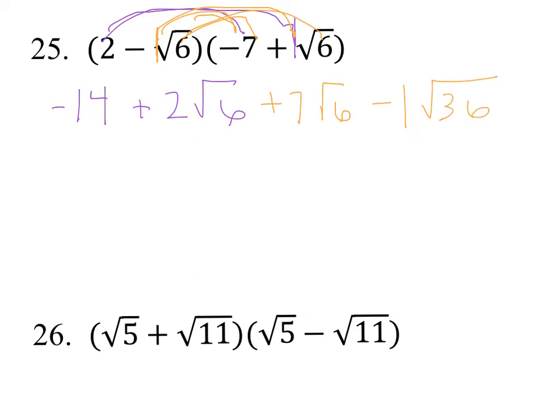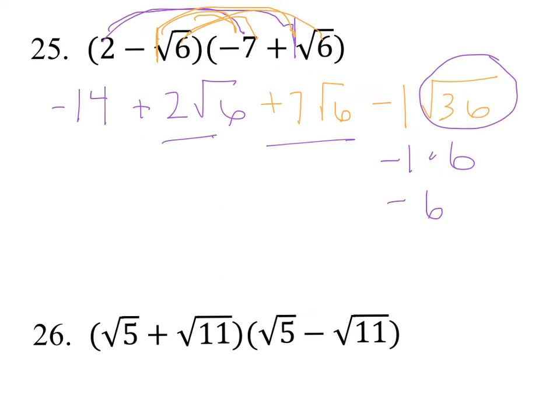That's something that if you're not sure how to do, you have to come in for more help. One thing is typically, but not always, this last one will usually simplify. So the square root of 36 is just 6, so this becomes negative 1 times 6, which becomes negative 6 right here. This whole thing turns into negative 6. These two can be combined together because they both have the same square roots.